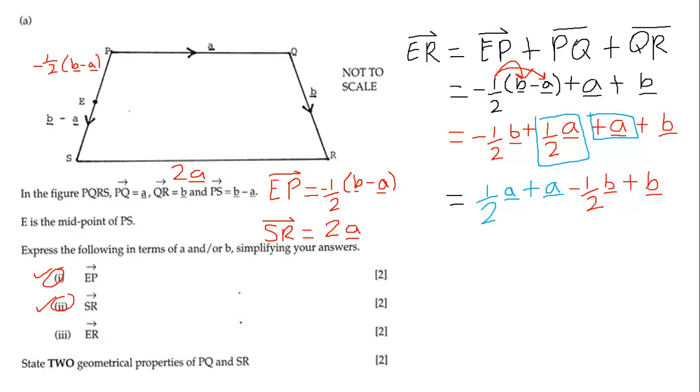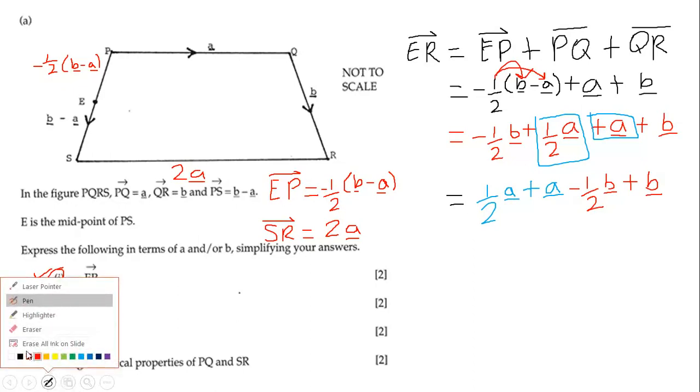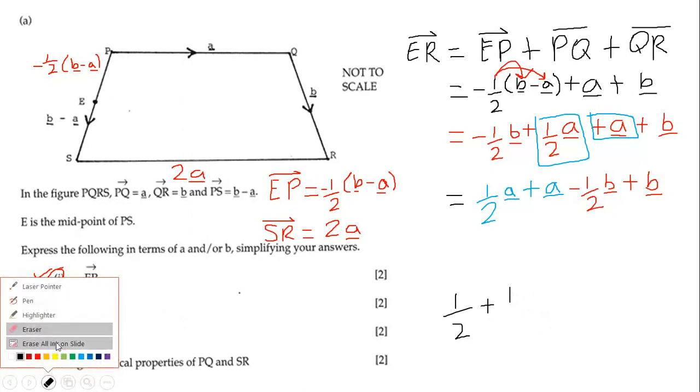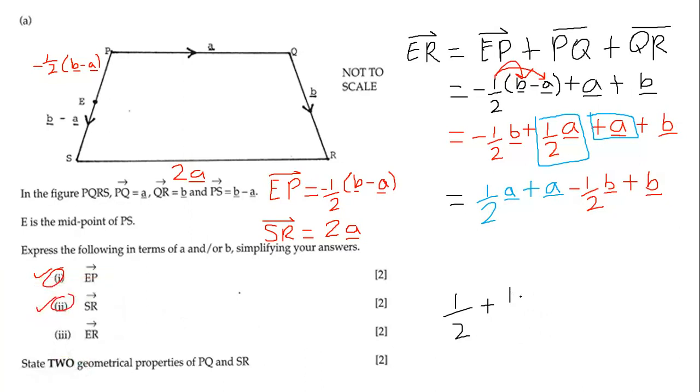Okay, so let us evaluate these two. What is a half plus 1? Even though you don't see the 1 in front of the a, you can think of it as having an invisible 1 in front. We know that 1 is equal to 2 over 2, because 2 divided by 2 is still 1.